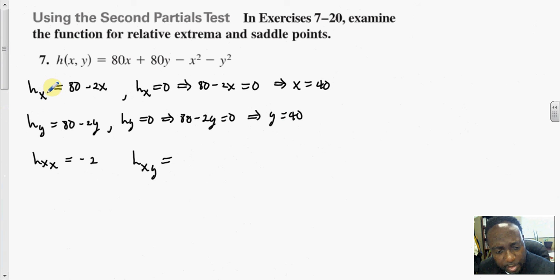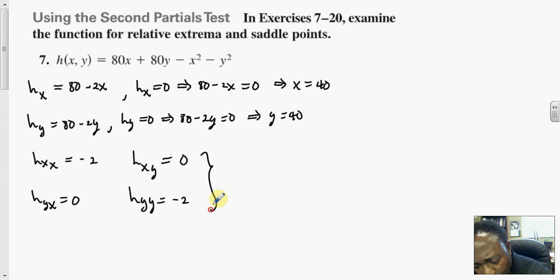Now you take the partial of this with respect to y, you get 0. Again, the second partials are the same. And then we find the partial derivative of h with respect to y again. We find the partial of this partial derivative with respect to y, that gives us negative 2.